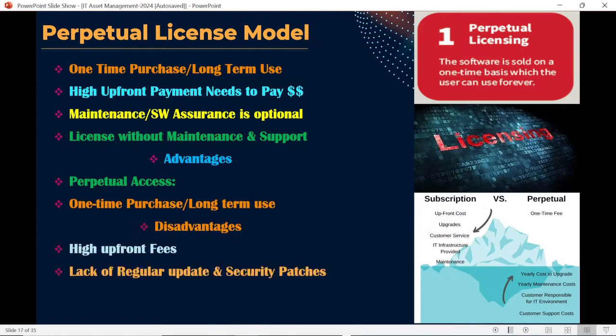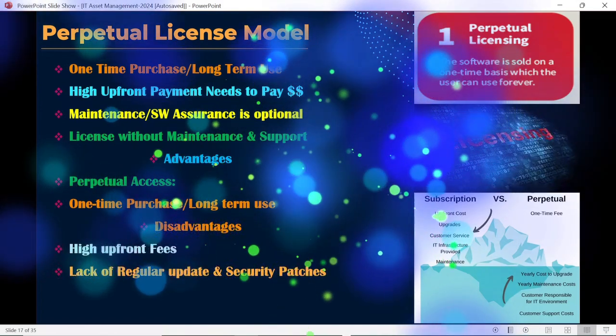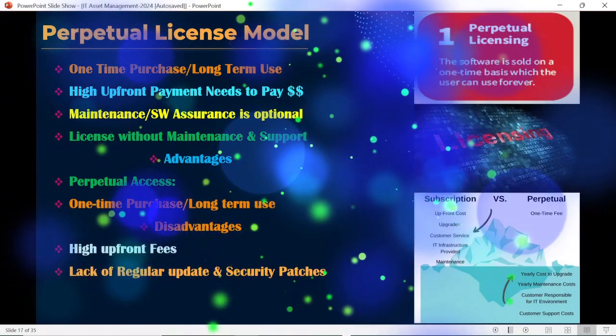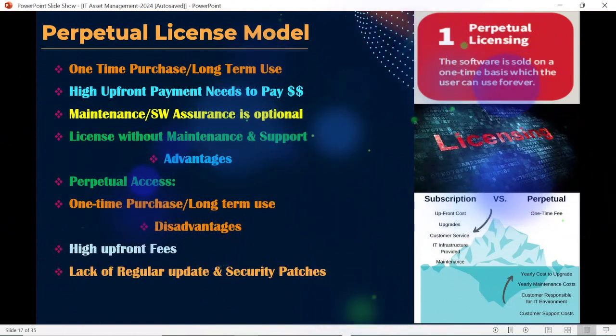The second is lack of regular updates. You will hardly get updates for the perpetual product. Even the publisher has to come up with very strong functionality which should give some benefit to the customer, and the customer should feel some wow experience.